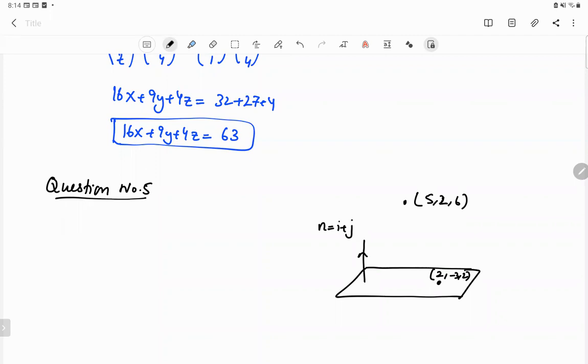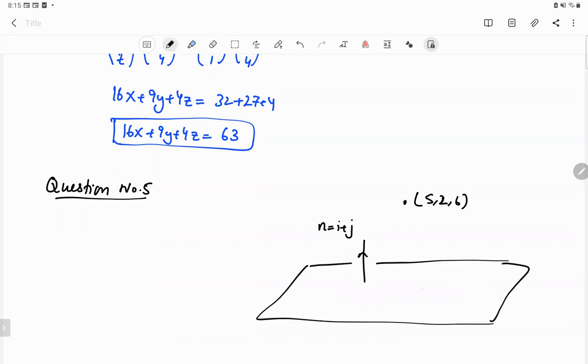Find the shortest distance between the point (5, 2, 6) and the plane that passes through the point (2, -3, 2).